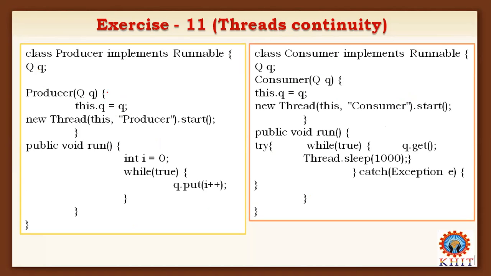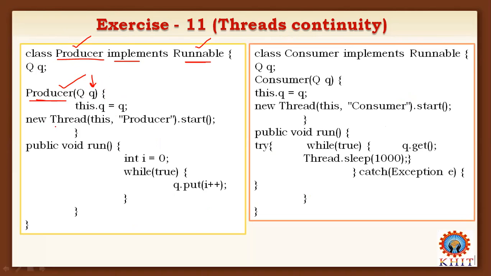Now let's go to the producer process. We need to define one producer class, which implements either Runnable or Thread. I'm taking the choice to implement Runnable here. Inside this producer class, I have a producer constructor which takes the object of the Q class where the put and get methods are implemented.